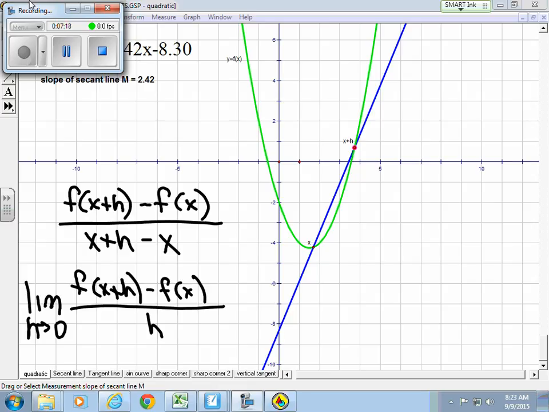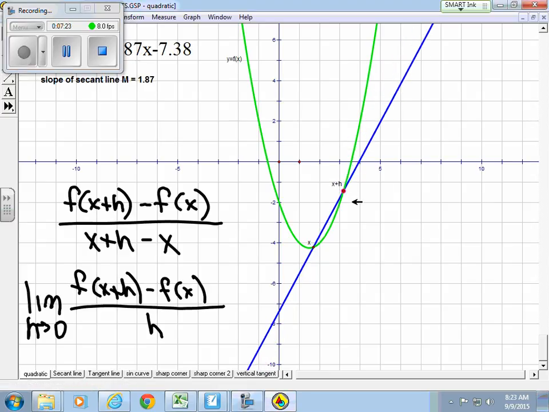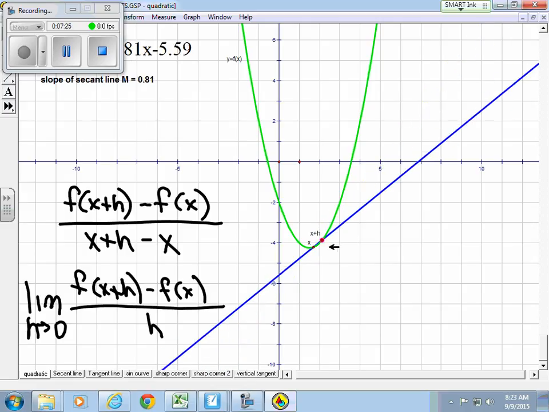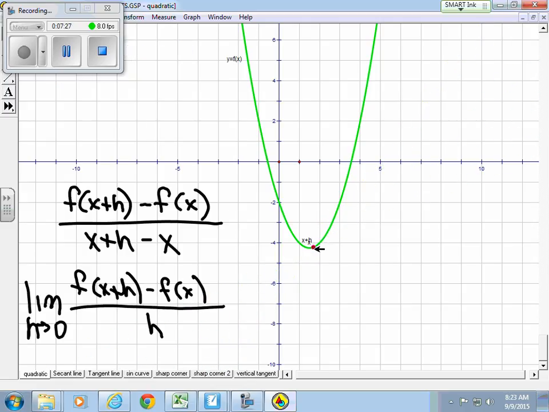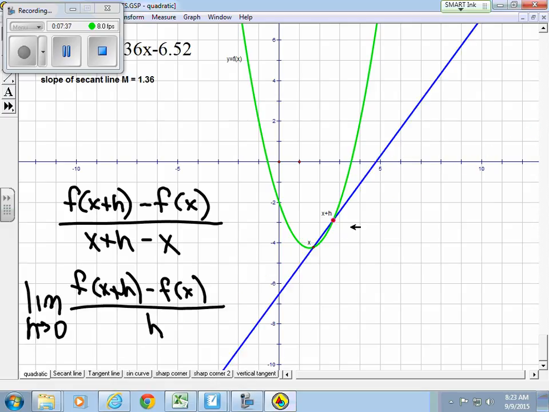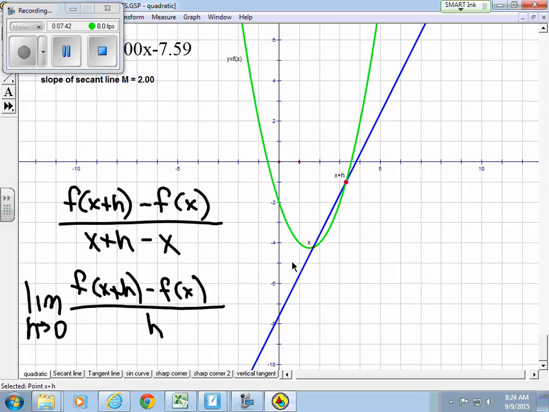Okay, let's look at how that looks. If I take this point and get closer and closer to the other one, what happens when I actually get to the other one? On my picture, the line went away because I made the line with 2 points, right? A line through 2 points on a curve is called a secant line.